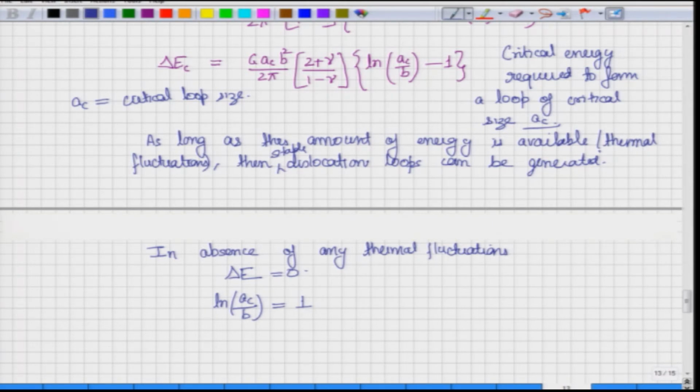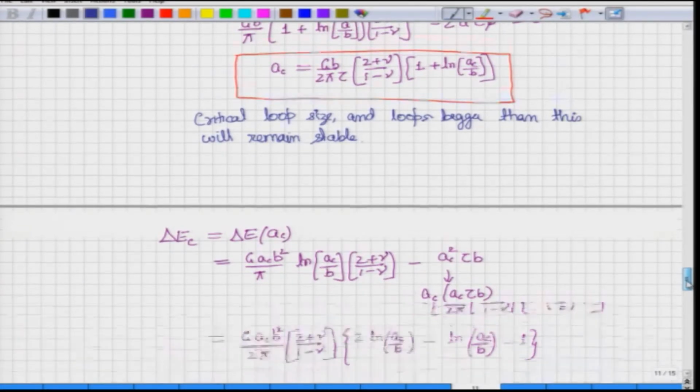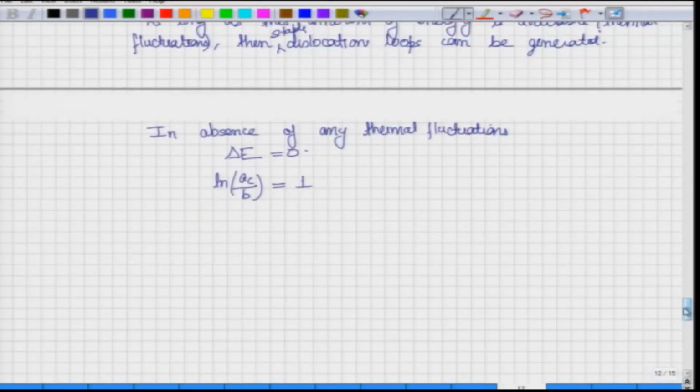Now, let us put this equation back into the AC. So, we have this AC equation, and let us see what it predicts for us, because there is a tau term which talks about the amount of stress that is being applied.